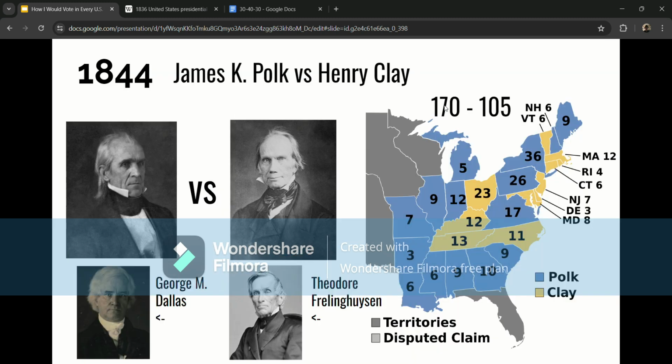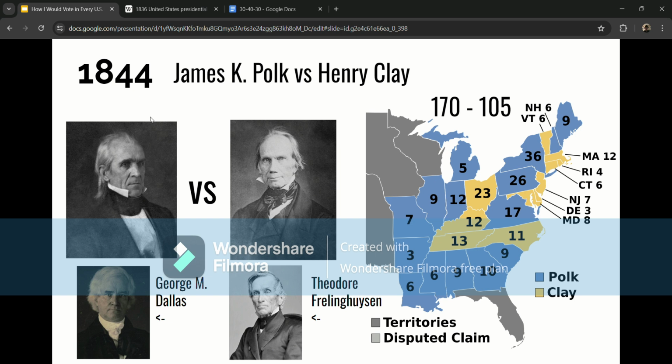So that leads us here into 1844, where we have the legendary senator, Secretary of State, you know Henry Clay by now, I've spoken about him enough, versus a dark horse unknown candidate, James K. Polk. Before, of course, the convention, he was not well known at all.